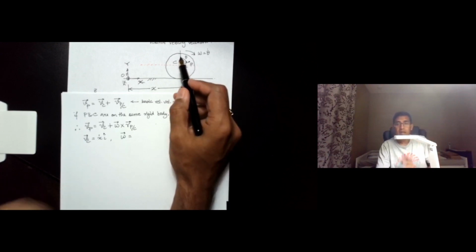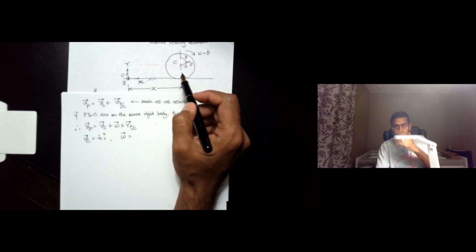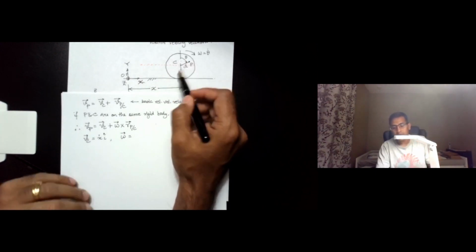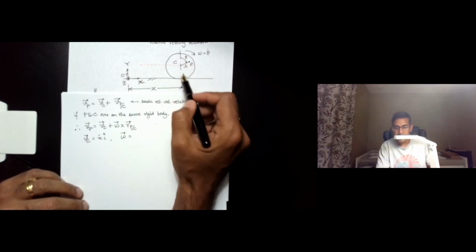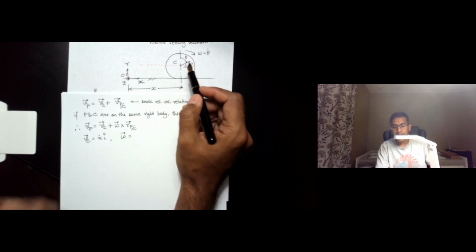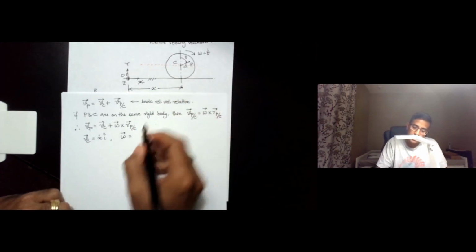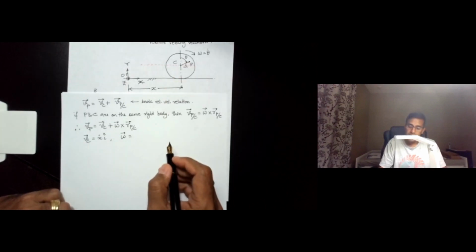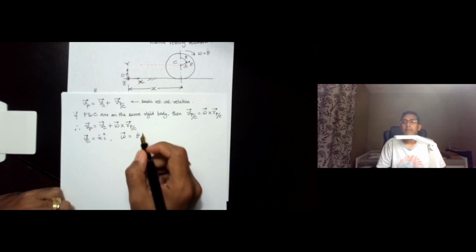Since it's being measured with respect to a fixed direction, meaning the vertical direction here, the angle that P forms with respect to C is an absolute angle, because this direction is not changing. So theta is an absolute angle, and theta dot is the angular velocity.